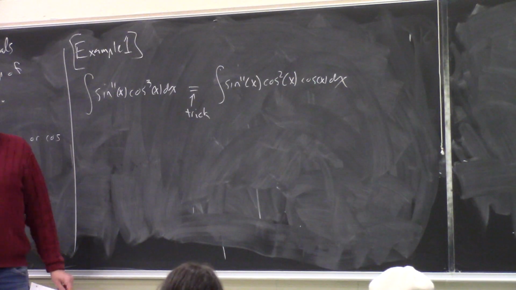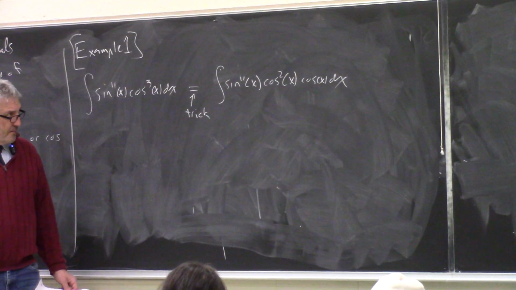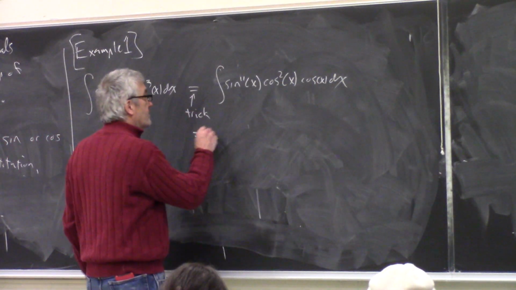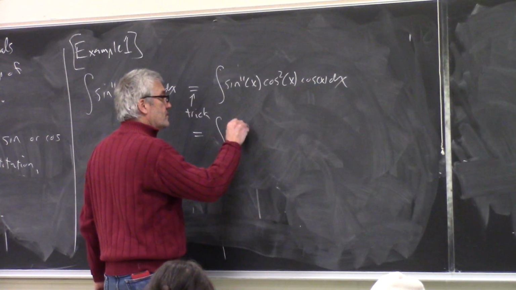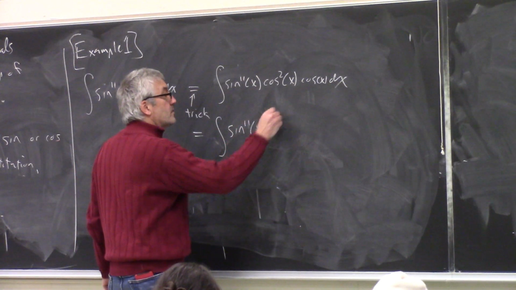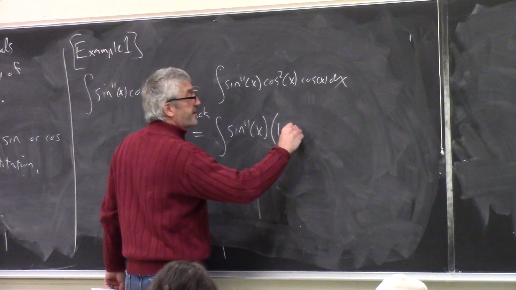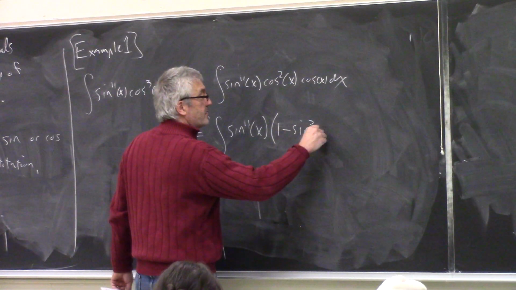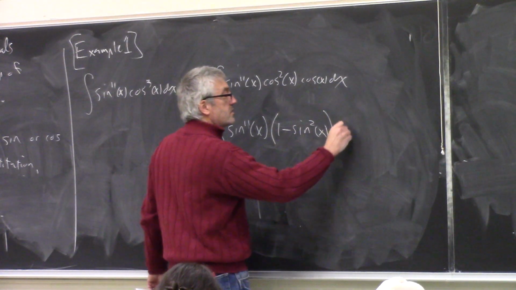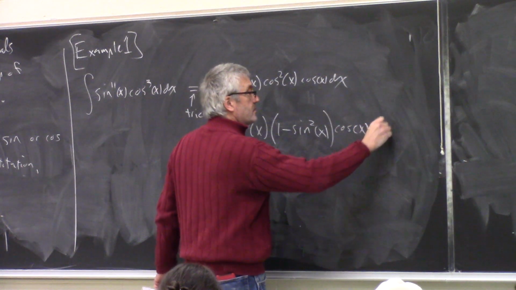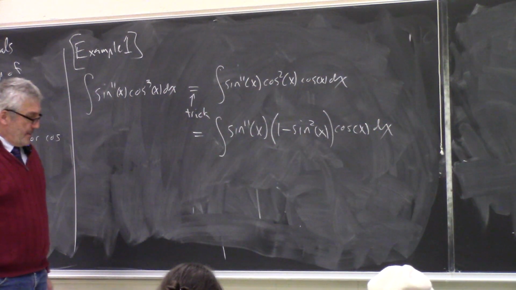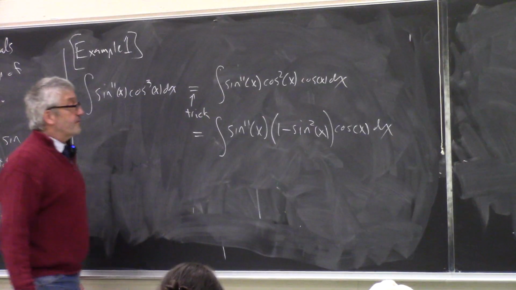And then we're going to use a trig property. Cos squared x is 1 minus sine squared x. Then we can distribute this.